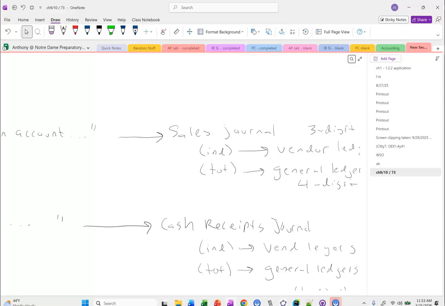All right. Should we talk about the cash receipts journal now? Okay. So our first entry in the cash receipts journal was the May 2nd, which is the check mark.